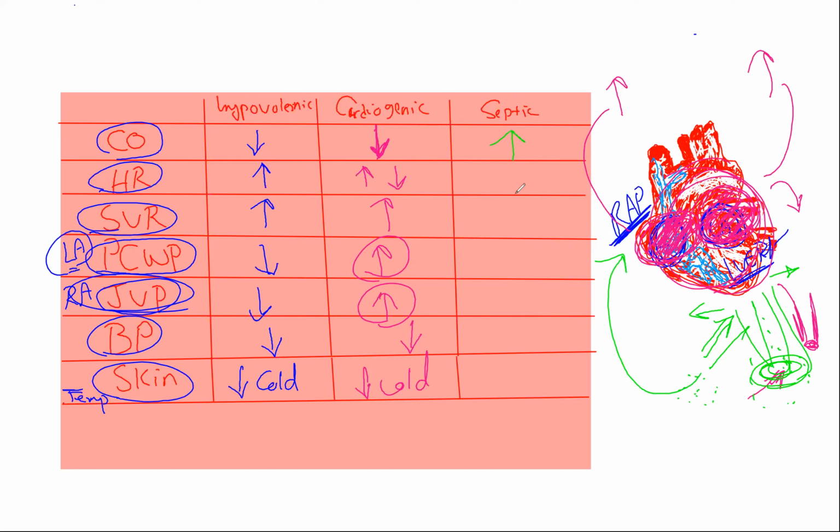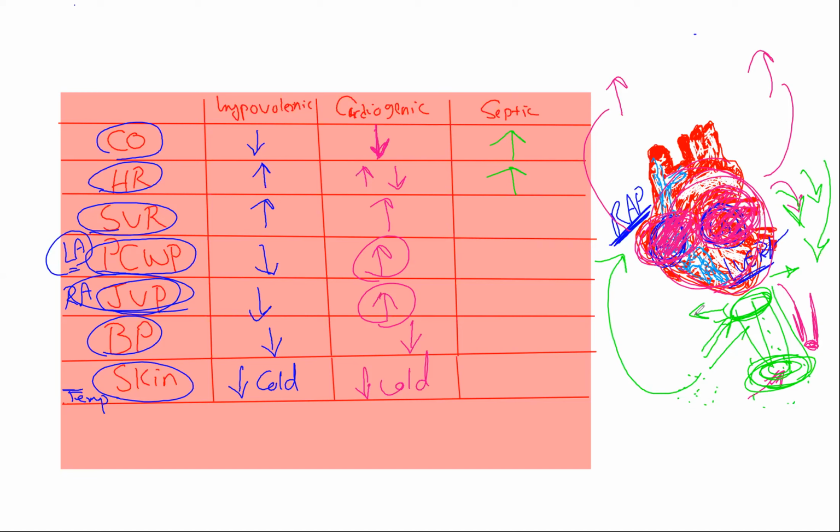Also, we will have tachycardia, okay? Because the heart is trying to compensate for this vasodilatation by increasing its rate and its cardiac output to maintain filling of these dilated blood vessels.